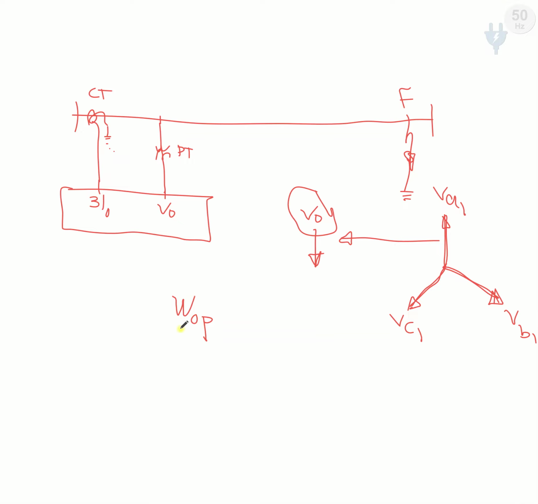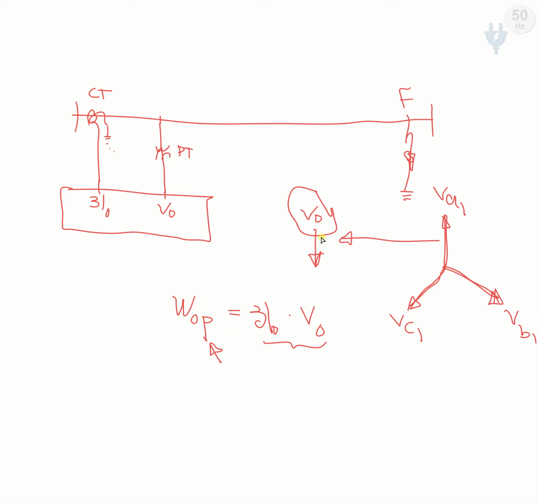W0P, meaning the zero sequence power, the active part of the zero sequence power, that is the multiplication of 3I0 and V0. If we consider the active zero sequence power, then we should consider the active part of these two components, I0 and V0.